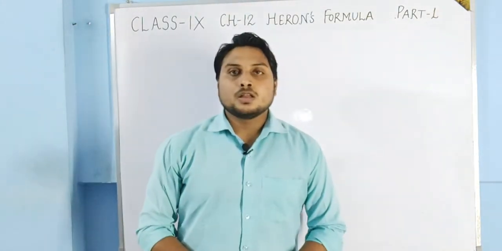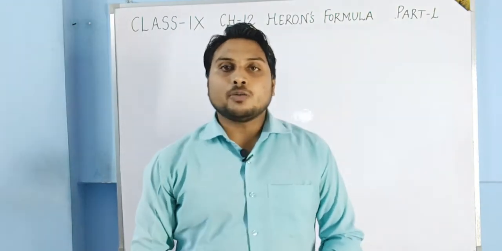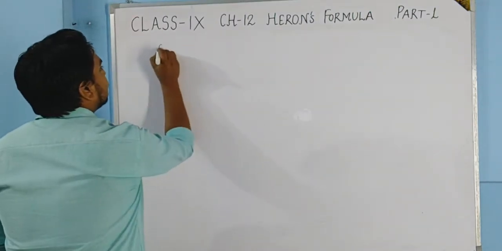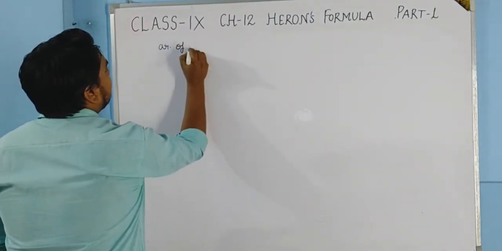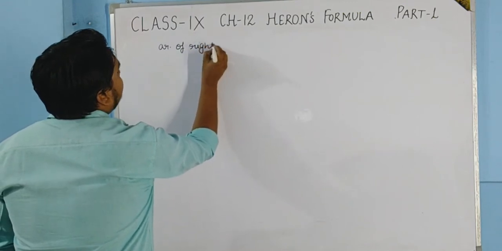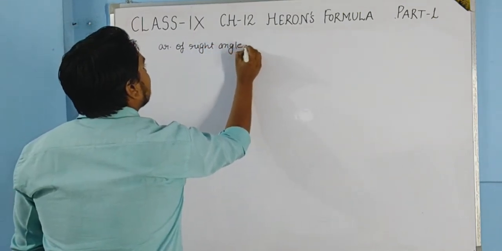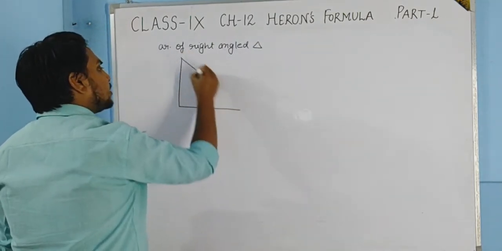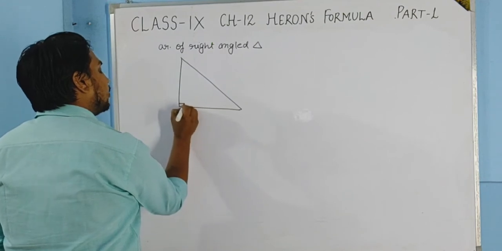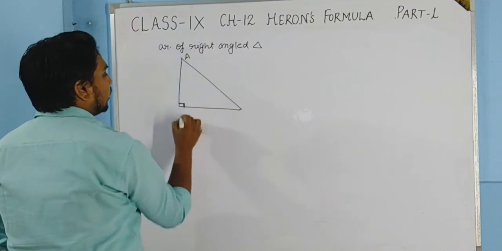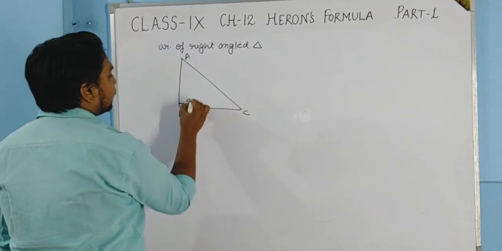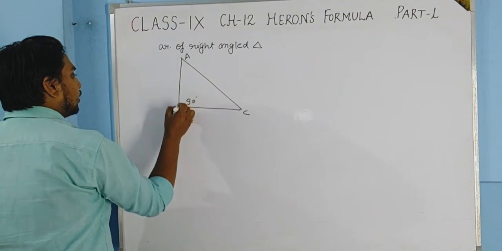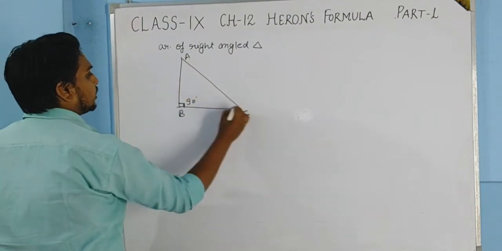Now students will see what the formula for a right angled triangle is. The area of a right angled triangle. Students, we know very well that one angle of this triangle is equal to 90 degree. If it is 90 degree, then surely it will be the height corresponding to this base.